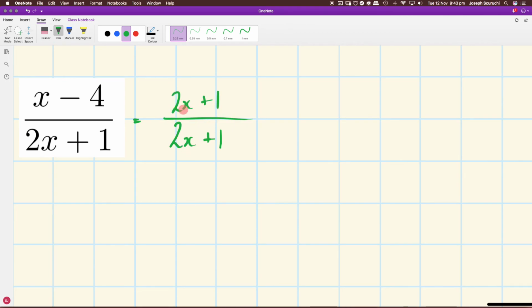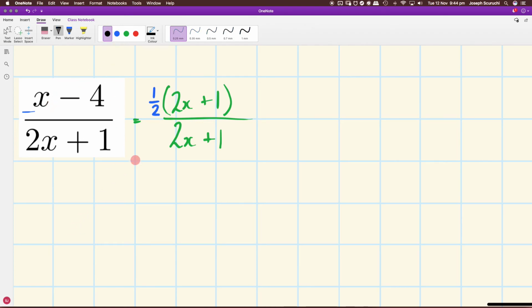Okay, this is where some of us might get tricked. Remember, I want my numerators to be the same. So if this has 1 as a coefficient, if I want a 1 in front of this, how am I going to get rid of this 2? If I times it by a half, 1/2 times 2 will be 1. So I'm going to get rid of the coefficient, so it's going to look like this.